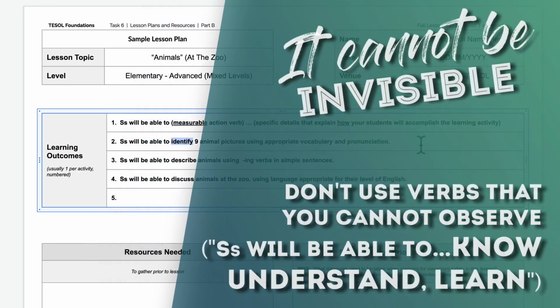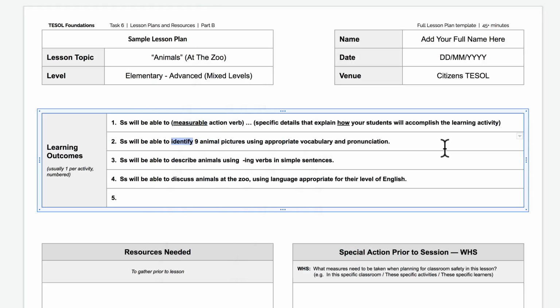Another way to think about this is the type of language that we don't want you to use for your learning outcomes. So some examples of words that are not measurable action verbs would be words such as students will be able to know, students will be able to understand, or students will be able to learn. These are three common words that teachers will put into their learning outcomes.